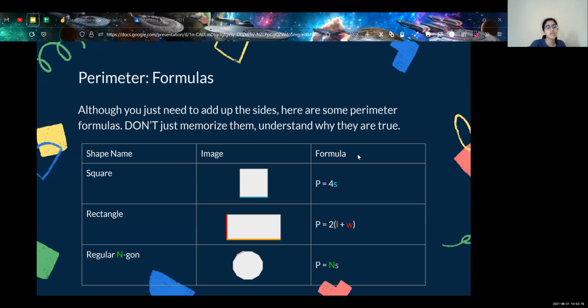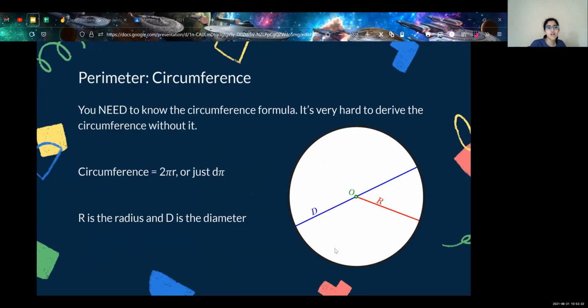For a regular n-gon, a polygon with n equal sides, you get the number of sides multiplied by the length of each side. And for circumference, it's 2 pi r or d pi, where d is the diameter and r is the radius.